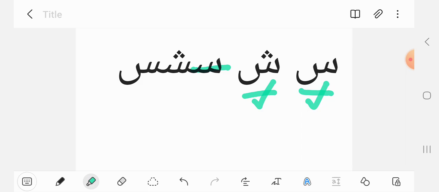So if you write a word with Sin or Sheen as initial, they're gonna change shape to this shape right here. Basically, they just lose this belly right here. This belly will convert.